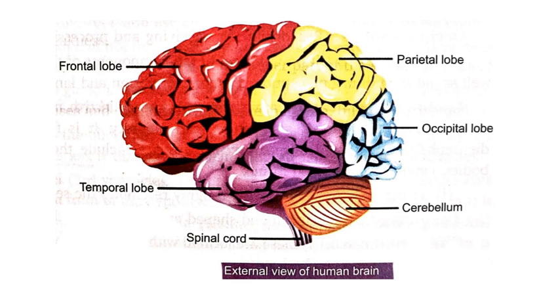The motor area in the frontal lobe controls the voluntary movement of muscles. The premotor area in the frontal lobe is the center for involuntary movement of muscles and for the autonomic nervous system. The visual area in the occipital lobe is the center for visual sensation, and the auditory area in the temporal lobe is the center for hearing.